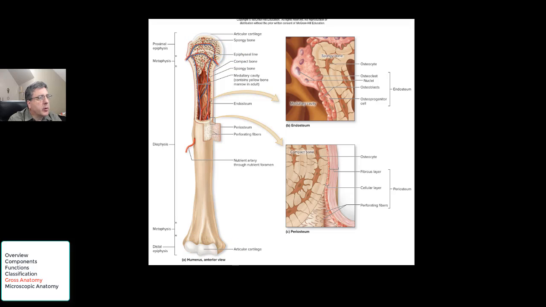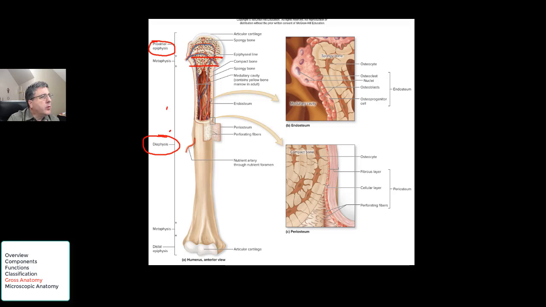Okay. The metaphysis, what I was looking at, is in between the epiphysis and the diaphysis. So we're looking at this area roughly in this area. That's going to be the metaphysis. And it's going to contain the growth plate.